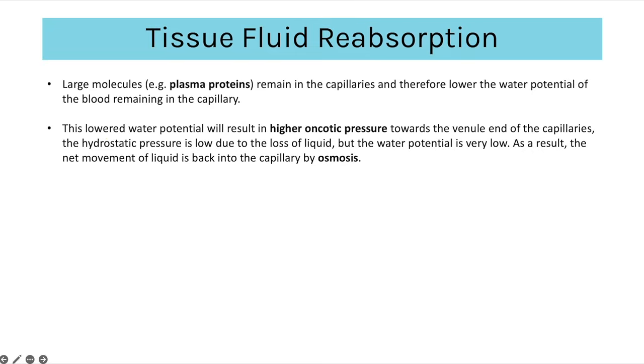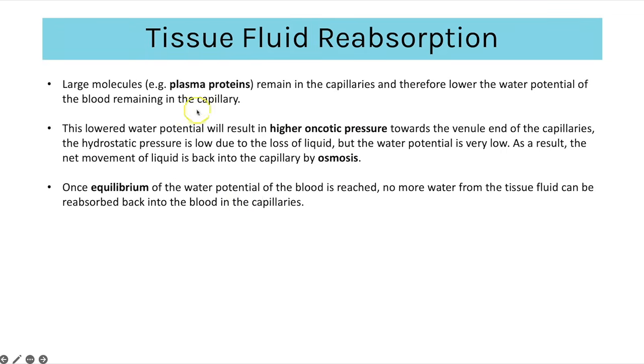So this lowered water potential will result in higher oncotic pressure towards the venous end of the capillaries. And simultaneously, you have a lower hydrostatic pressure because water has been forced out. So you have a lower volume of liquid within the capillary, and that's why the hydrostatic pressure is lower in comparison as well to the oncotic pressure. So that results in a net movement of the water moving back into the capillaries by osmosis.